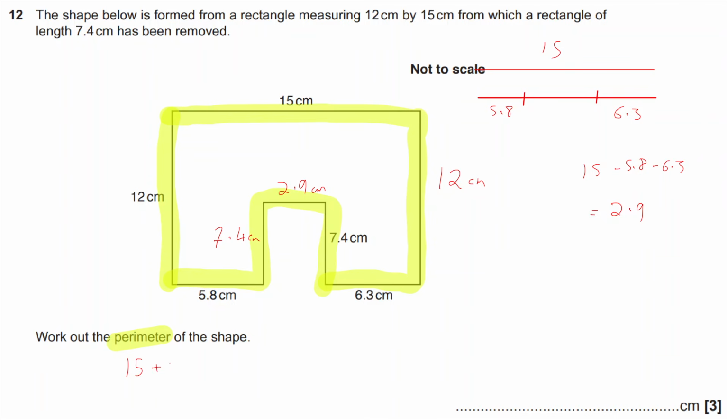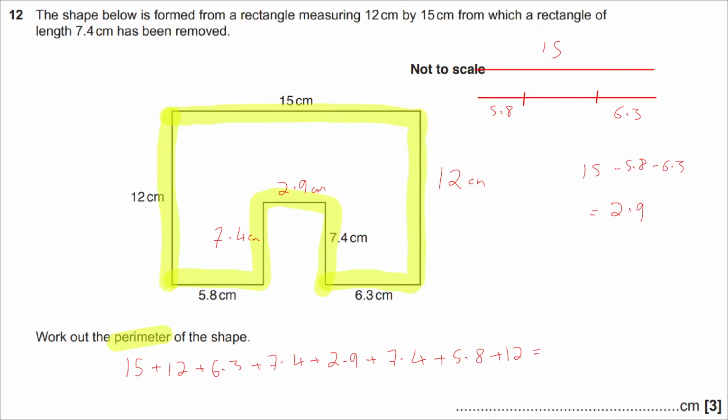We're going to add 12 to it, and then add 6.3, add 7.4, 2.9, another 7.4, add 5.8, and then add that 12. That will give you your answer. So let's just add this up: 15, add 12, add 6.3, add 7.4, add 2.9, 7.4, 5.8, add 12.